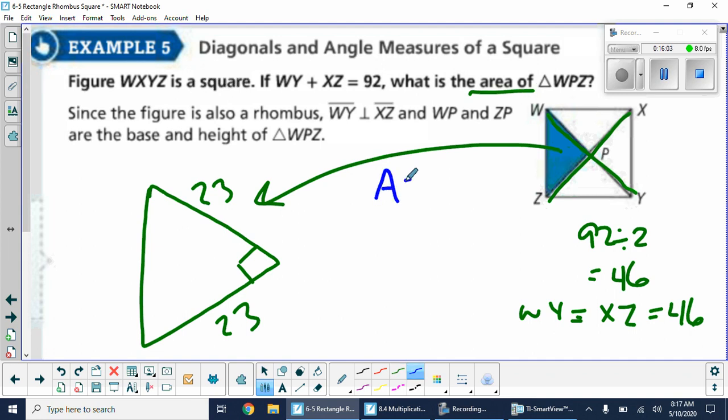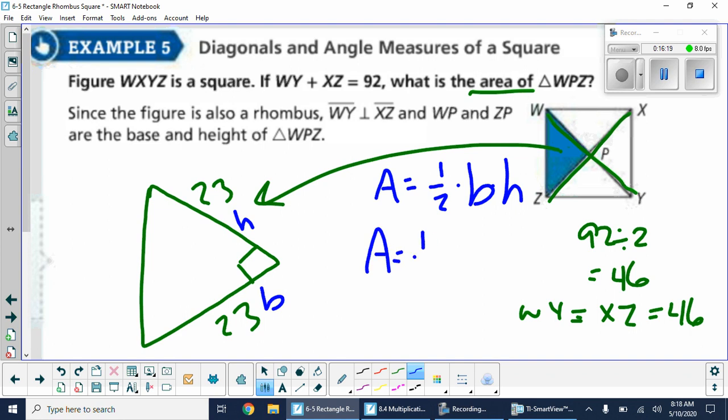So if it says what is the area, here's an old one. Area is equal to 1/2 times the base of the triangle times the height. If we look at this triangle, there's a right angle here. So this is the base, this is the height of the triangle. So the area is going to be 1/2 times 23 times 23.